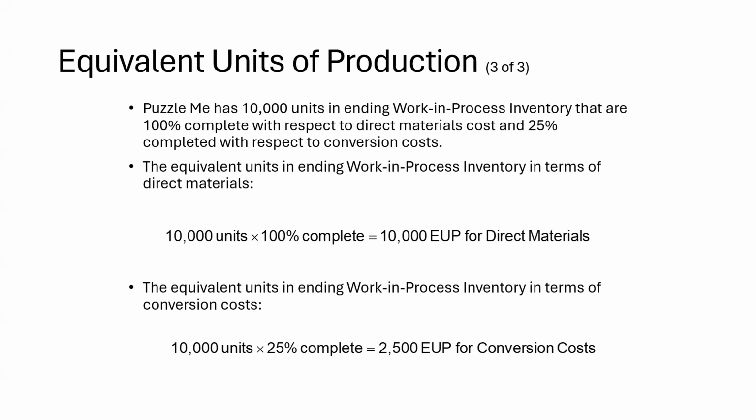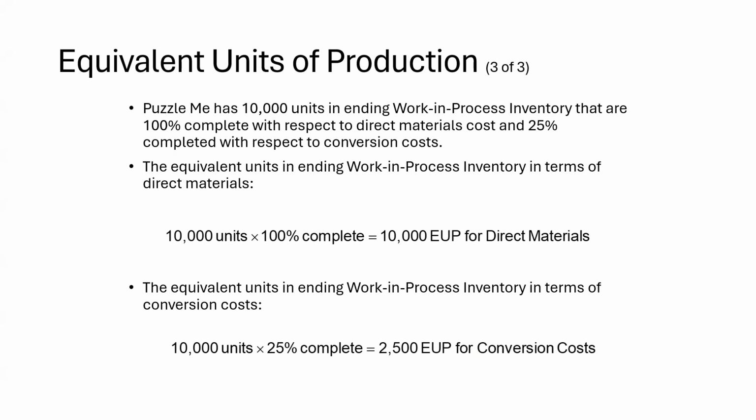Now, these units are 100% complete for direct materials and 25% complete for conversion. So in terms of EUP, the 10,000 partially completed units equate to 10,000 EUP for direct materials and 2,500 EUP for conversion costs.